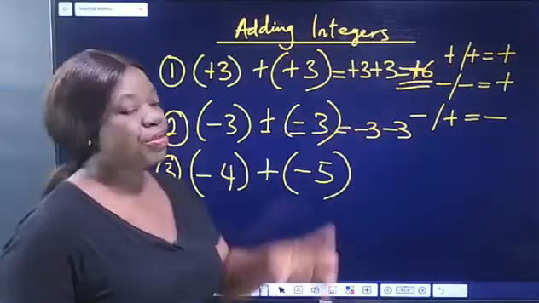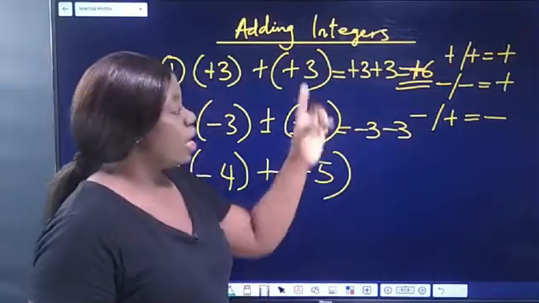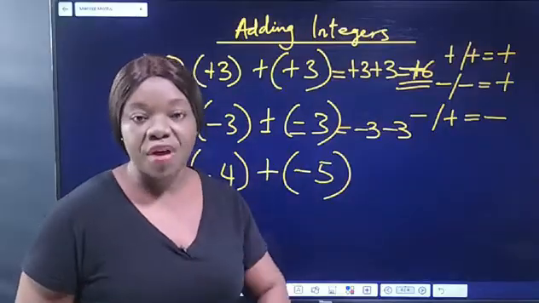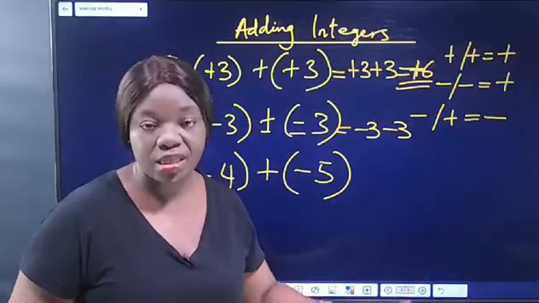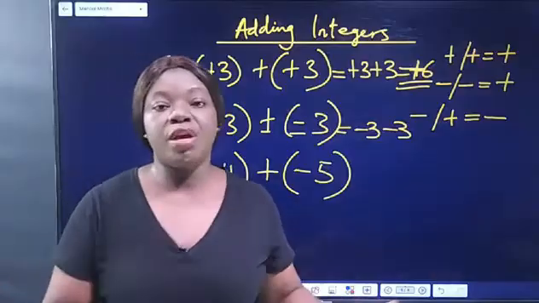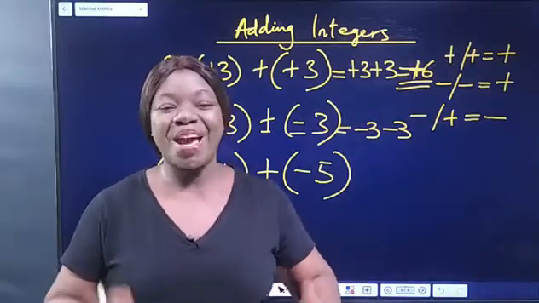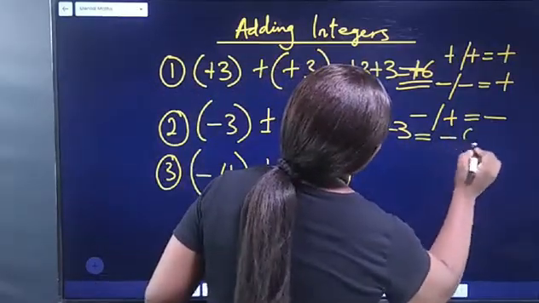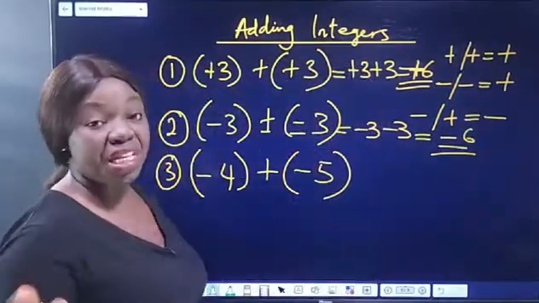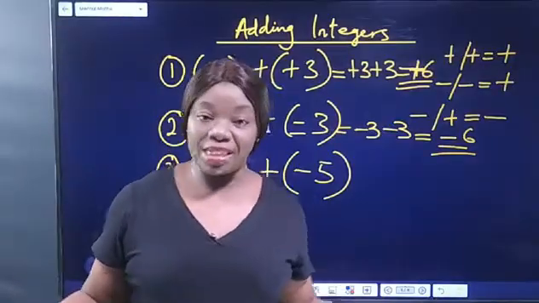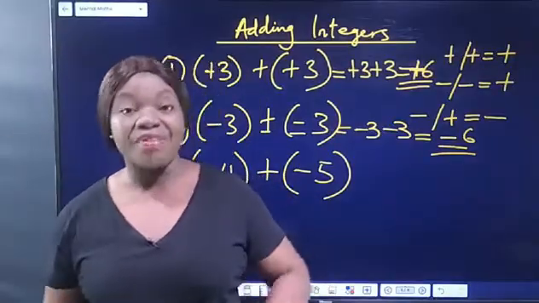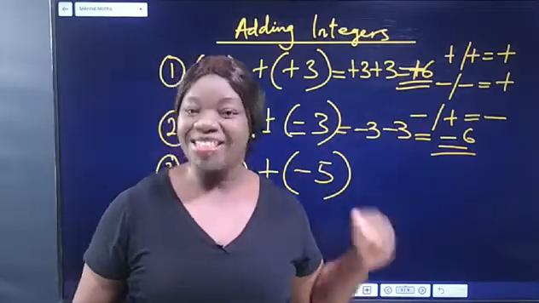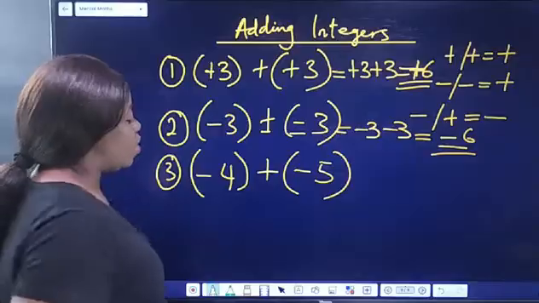If plus 3 plus 3 gives us positive 6, minus 3 minus 3 will give us a negative 6. Just as simple as that. So this will be minus 6. Which means minus 5 minus 5 is minus 10, minus 6 minus 5 is minus 11, minus 10 minus 20 is minus 30. So now let's look at the next one.